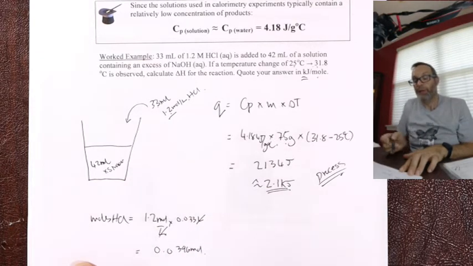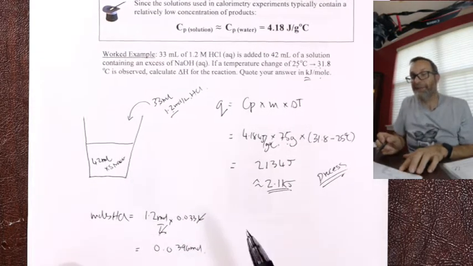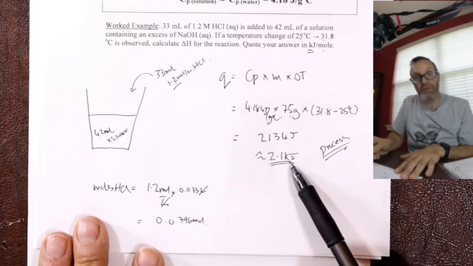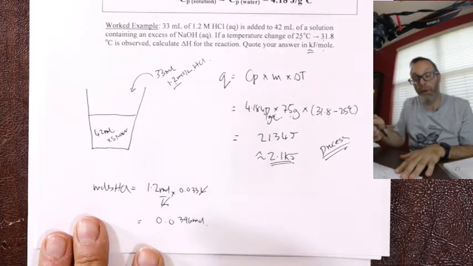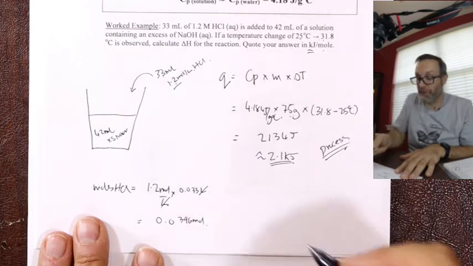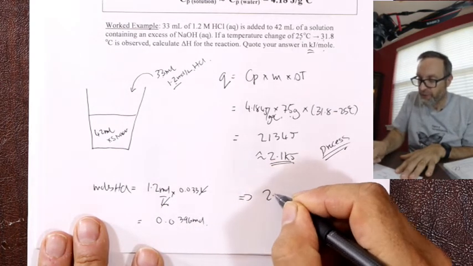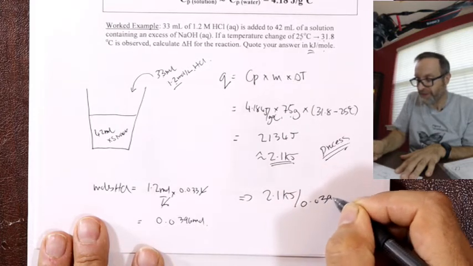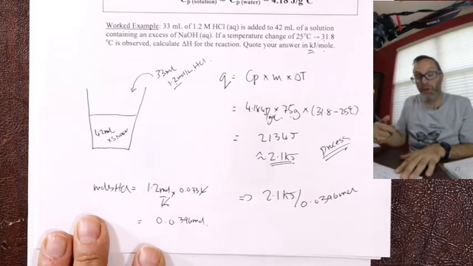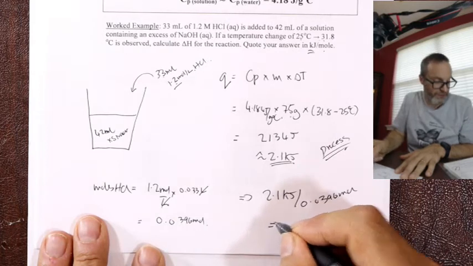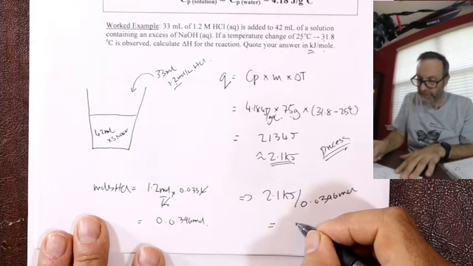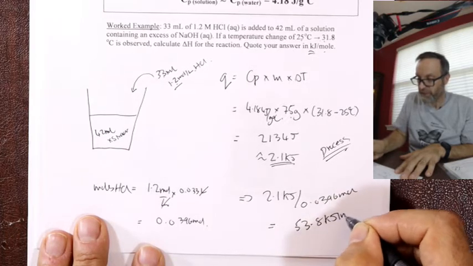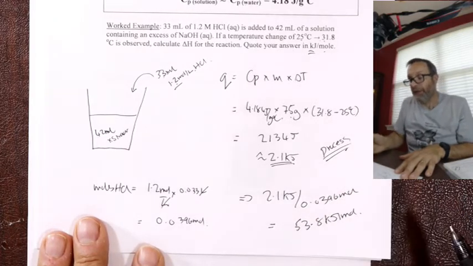All right, so 0.0396 moles of HCl produce that many kilojoules. So if I want it on a per mole basis, kilojoules per mole, therefore 2.1 kilojoules over 0.0396 moles will give me the amount per 1 mole, which equals 53.8 kilojoules per mole.